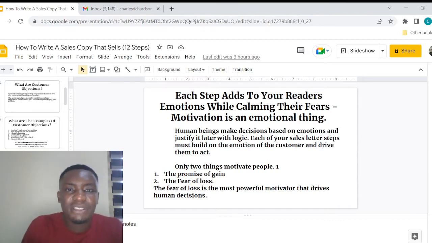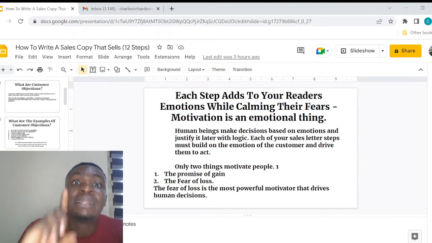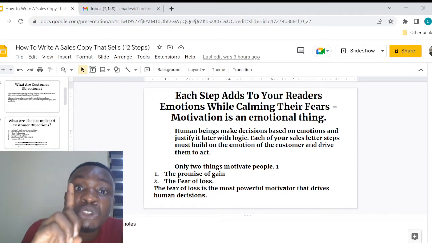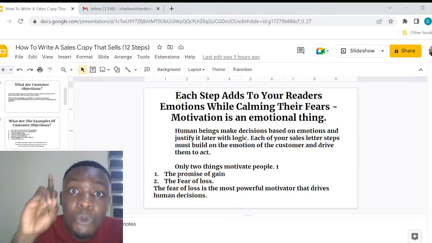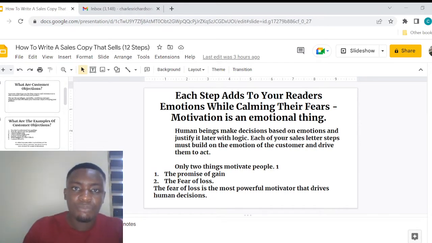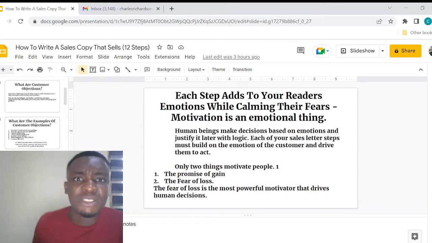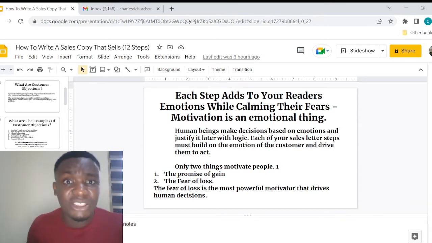She's crying in bed. She's writhing in pain, begging God for a solution. And then someone tells you that, oh, I have a solution that can prevent you from losing your mother to breast cancer. Won't you sit up and listen to that person? You will sit up and listen to that person.